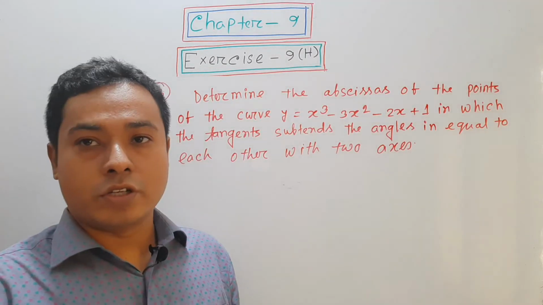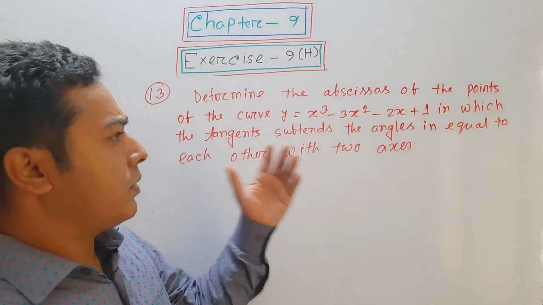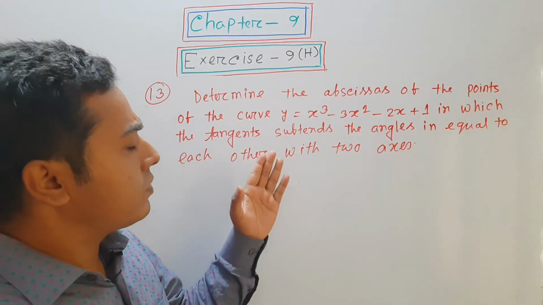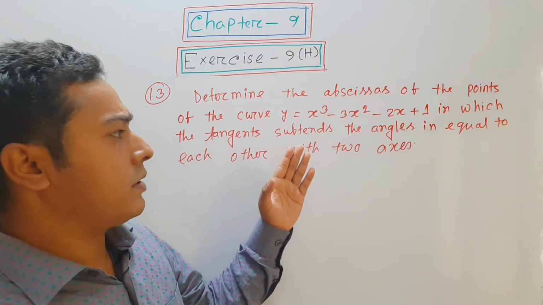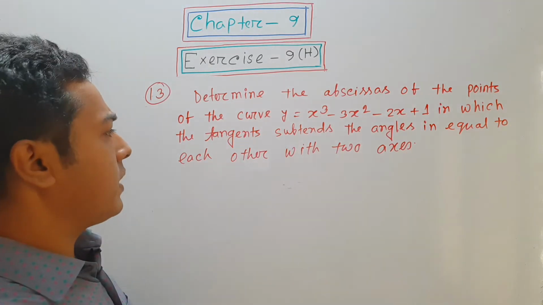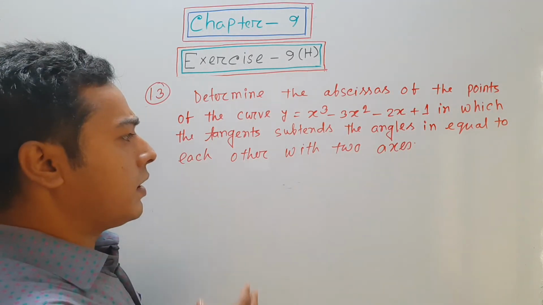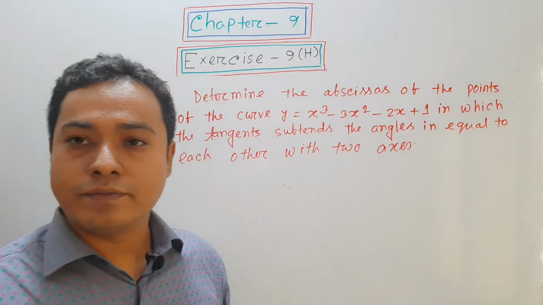Okay, now question number 13. Determine the abscissas of the points of the curve y is equal to x to the power 3 minus 3x square minus 2x plus 1 at which the tangent makes equal angles with the two axes.